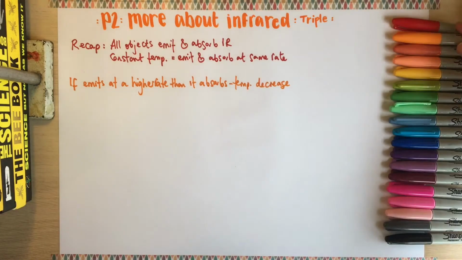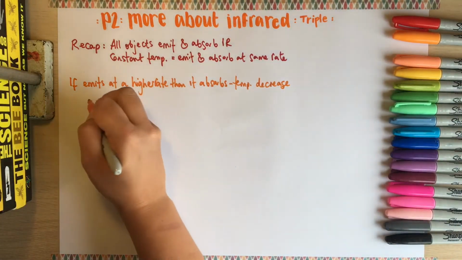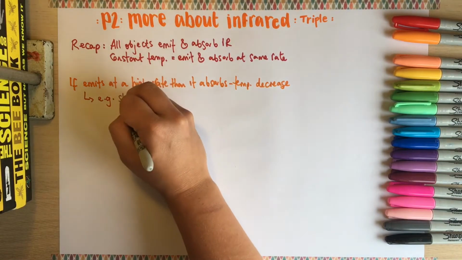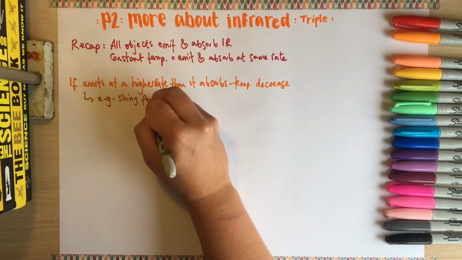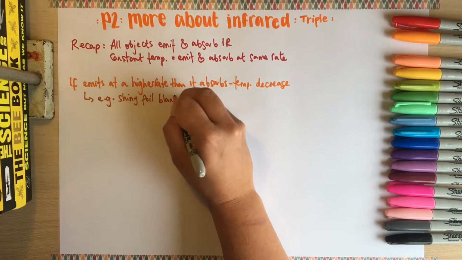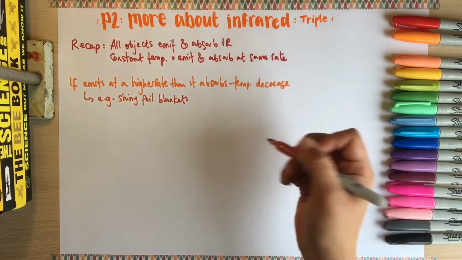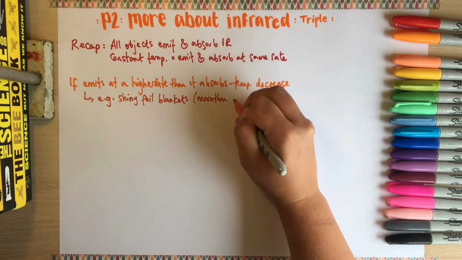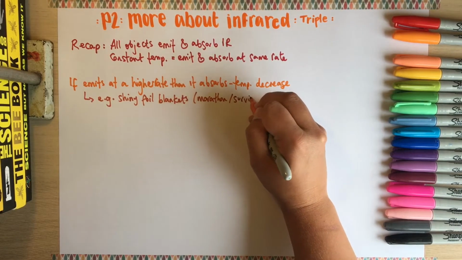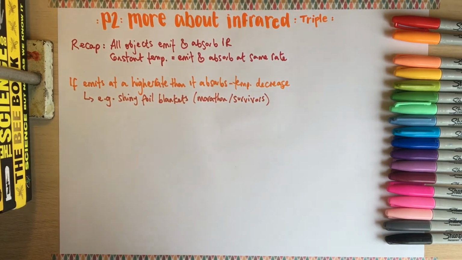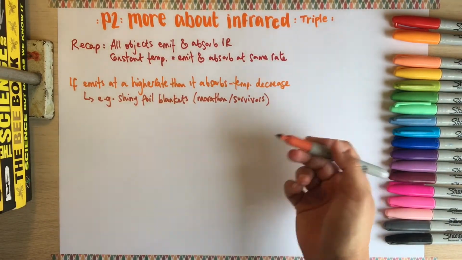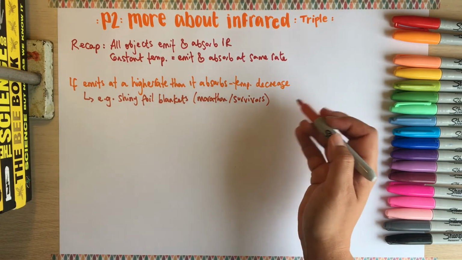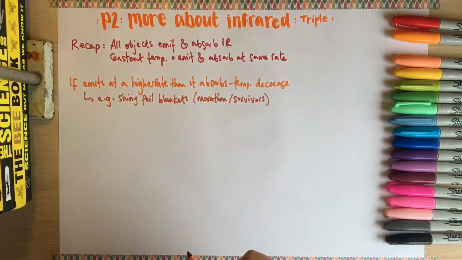An example of this is using the shiny foil blankets. So particularly for marathon runners, or if someone survived an accident, or like mountain rescue use them as well, for people who've had injuries or accidents that they've then had to rescue.